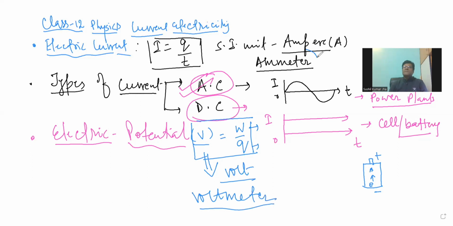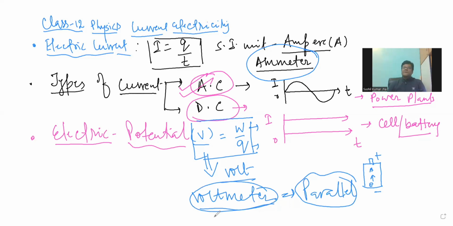Having said that, the ammeter is connected in series to measure current, but the voltmeter is connected in parallel. Basically, this measures potential difference, not current. So the product of current and resistance measures potential difference, and so the voltmeter is always connected in parallel.